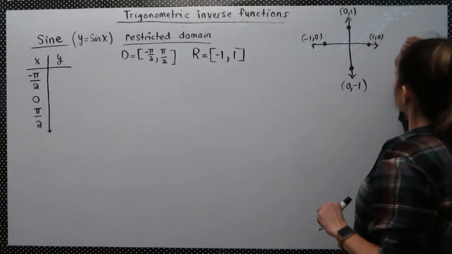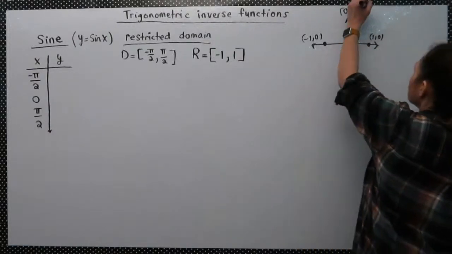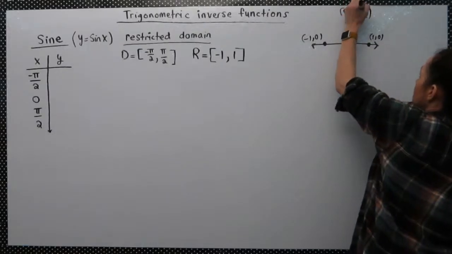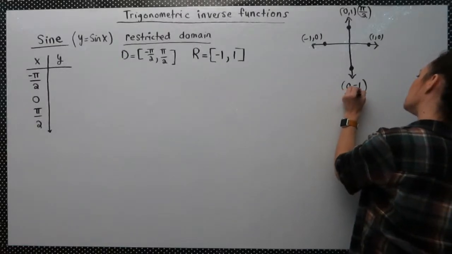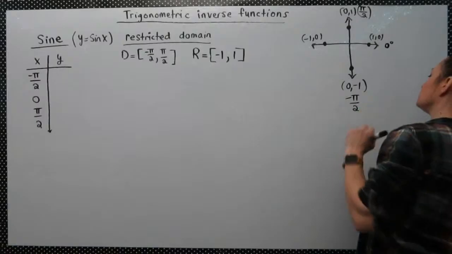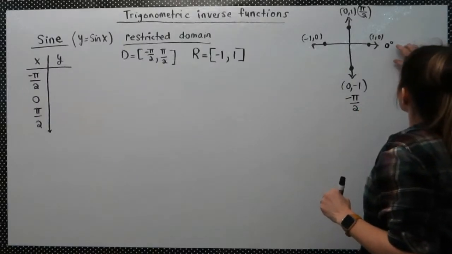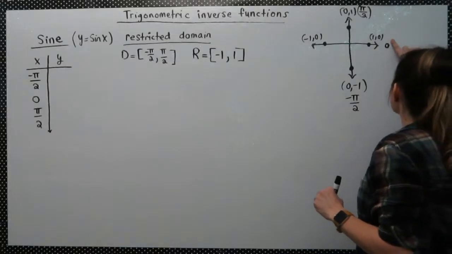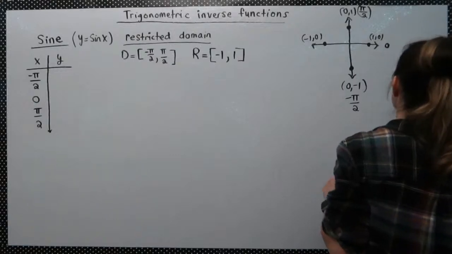Recall I derived those negative angles yesterday because we needed them. So we've got pi over 2 here and negative pi over 2 here, and then here's my 0 degrees. I'm not sure how to represent 0 in radians, so maybe I'll just say 0 pi.